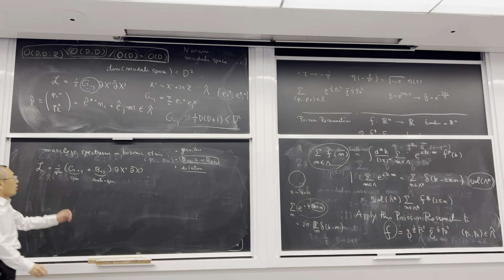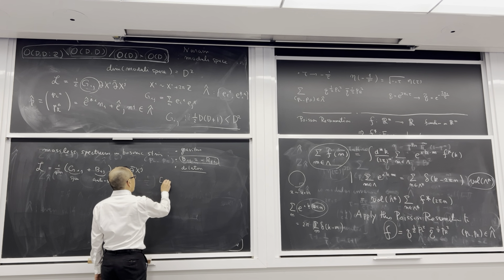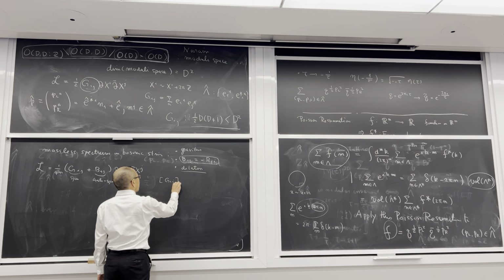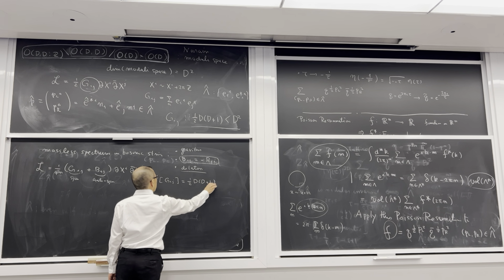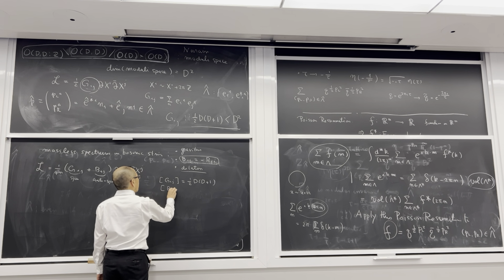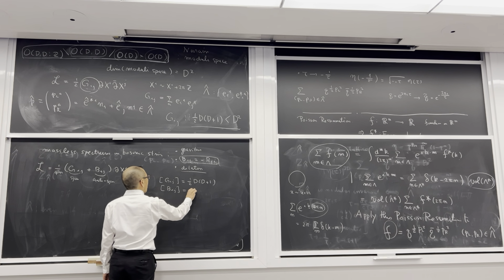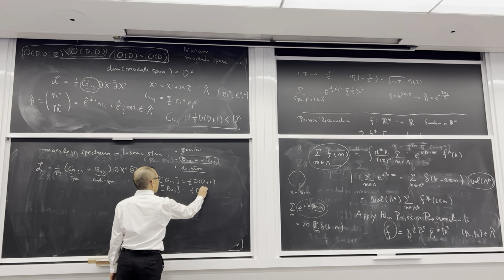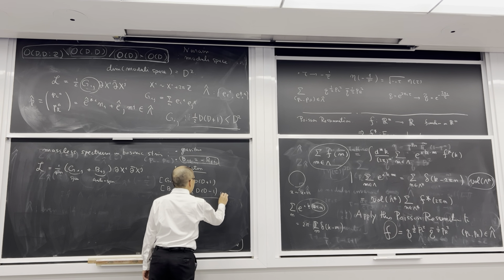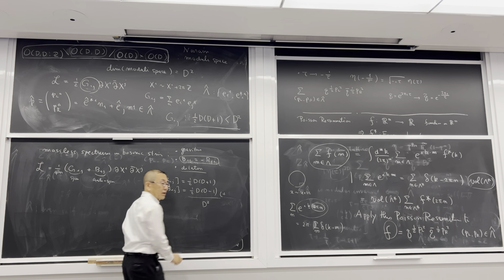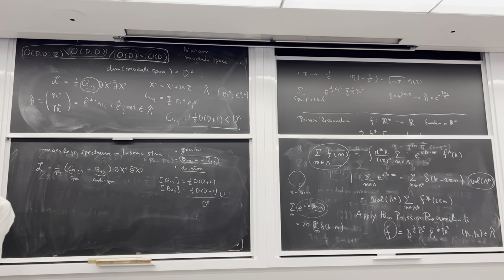The number of degrees of freedom of Gij is 1/2 d(d plus 1), and the number of degrees of freedom of Bij is 1/2 d(d minus 1). If you sum them, you get d squared.